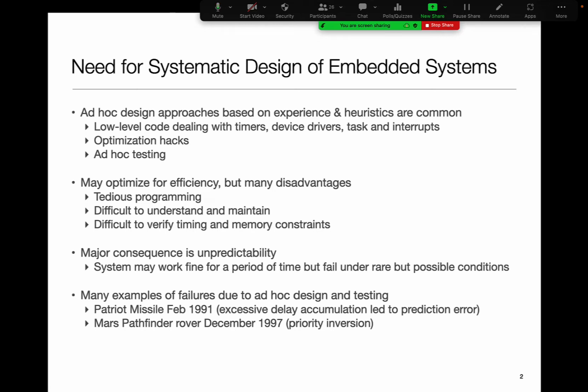On this slide, I've cited a couple of examples which spurred a lot of action on creating more formally proven approaches to meeting timing requirements. One was in 1991, during the Gulf War. I'm pretty sure none of you were born at the time.